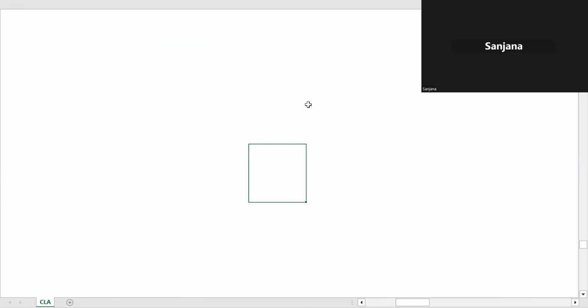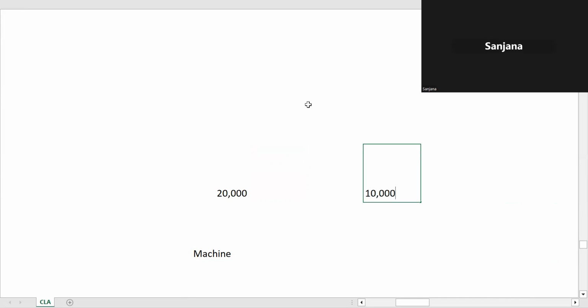Say for example, I have invested 20,000 on a machine. Now the annual amount I have to spend on the current machine is, say, 10,000.